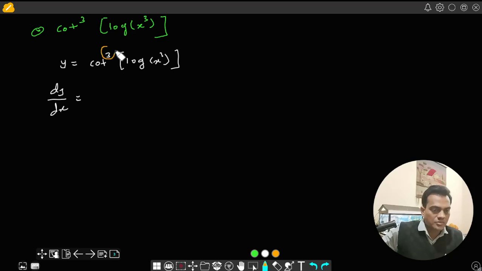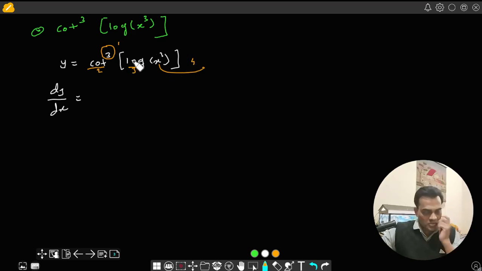First one is a cube function, then the cot function is second, then the log, and then x cube. So it is the first function, the second, the third, and the fourth. So first of all we have to solve the first function, that is the power comes in multiplication and the power will be reduced by 1.